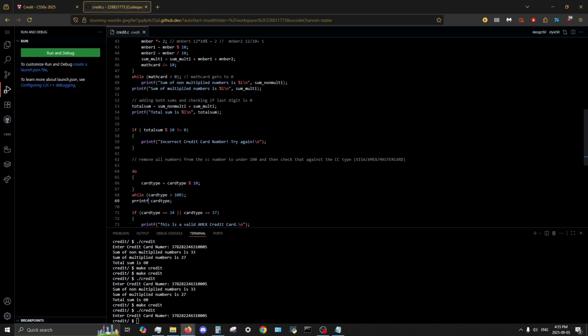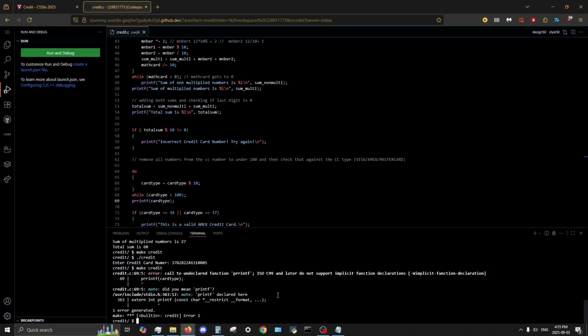Printf. Card type. Let's see if that works.